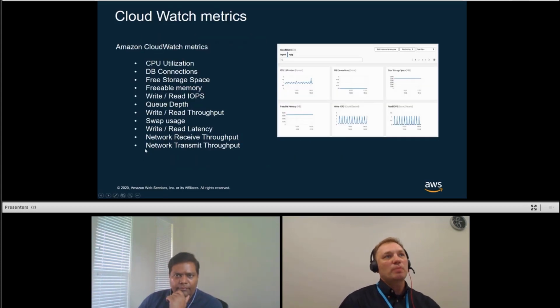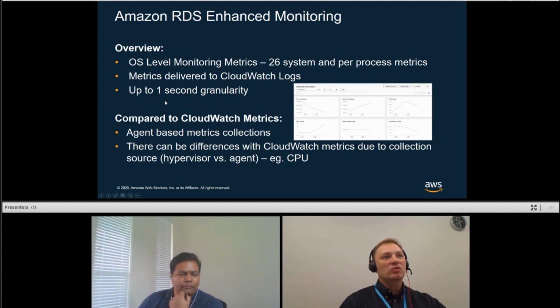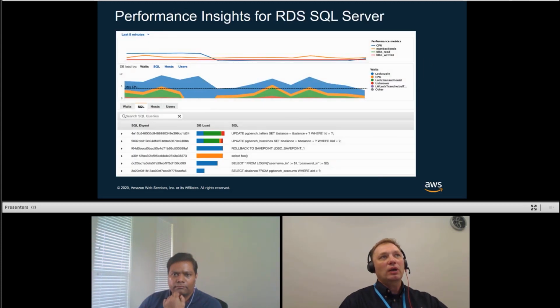So we've talked about CloudWatch metrics being hypervisor level metrics. Here's the entire list. We've talked about enhanced monitoring, and we said that these are agent-based operating system level telemetry collected by that agent sitting on the operating system. And we took a look at Performance Insights.